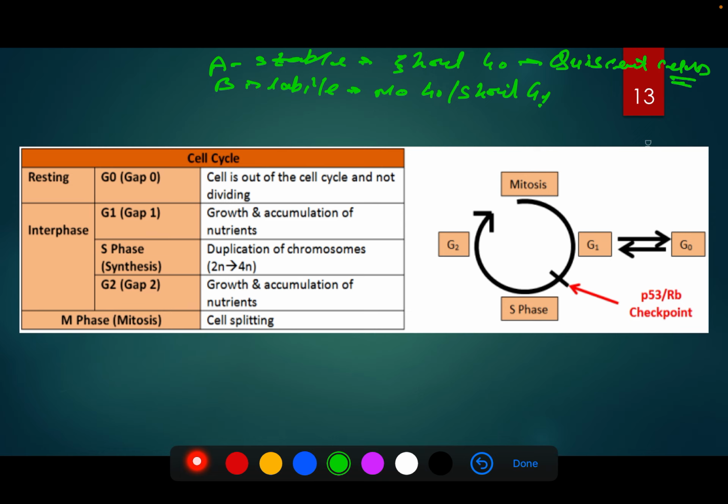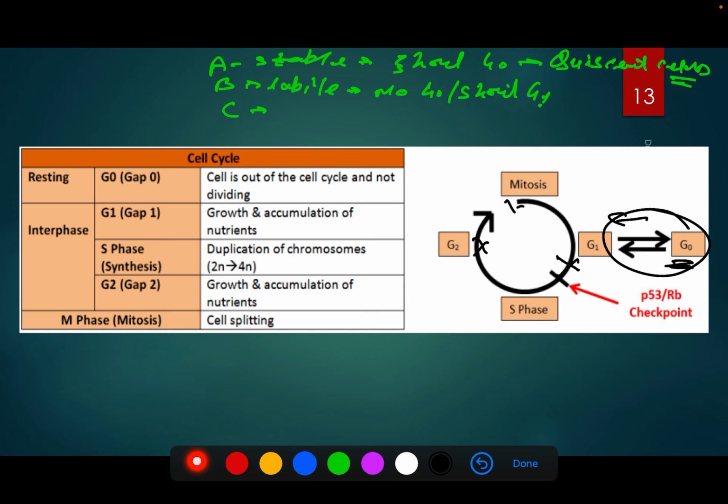And then now we have the type C cells. What do those type C cells mean? The type C cells mean, look here, once they divide into mitosis, they reach G1. From G1 they go to G0, and then they always remain there, they never come back to G1. If they never come back to G1, they never go to S phase, they never go to G2, they never go to mitosis.